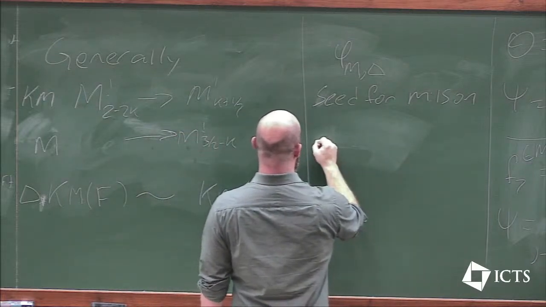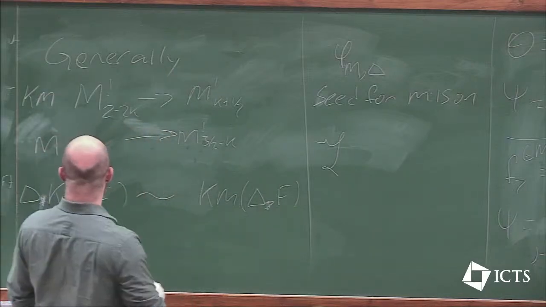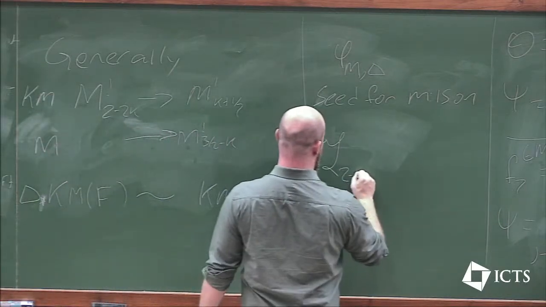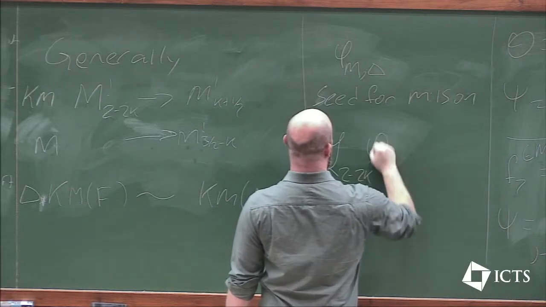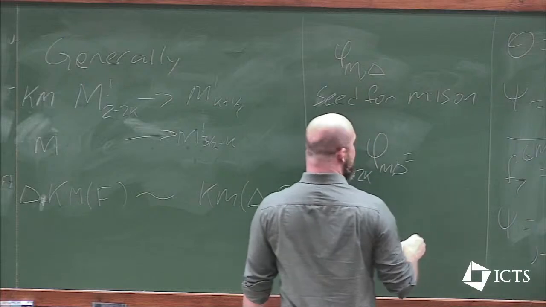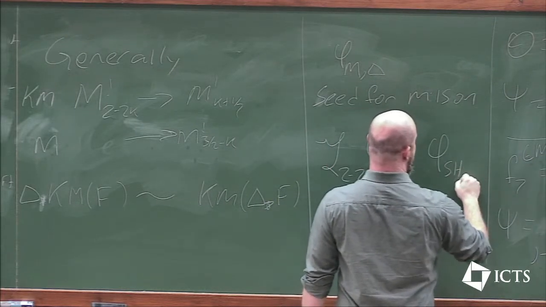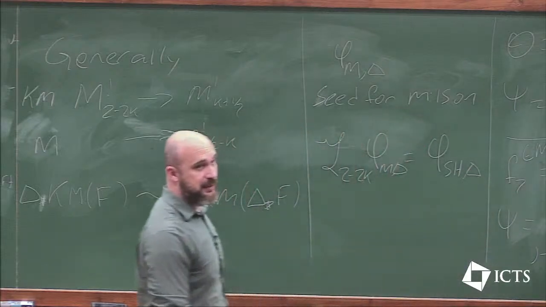Suppose I just try my Xi operator on this, going from 2 minus 2k. The result turns into the seed for the Shintani map with the same discriminant delta.